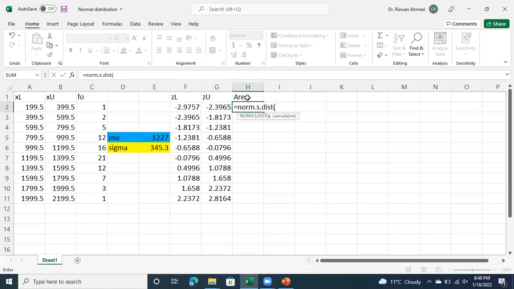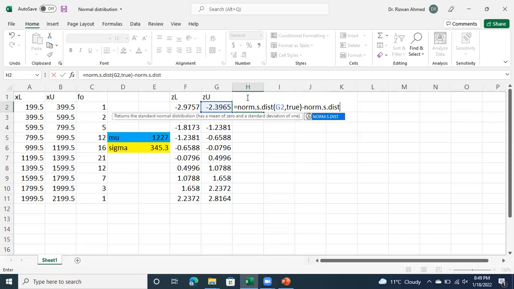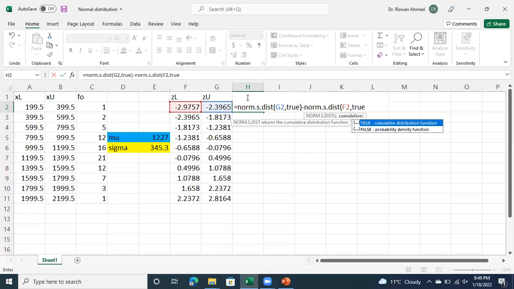It requires a z value, so I write here the upper limit value, and for cumulative I write TRUE, which means it is the area from minus infinity to this value, and I write here minus NORM.S.DIST of the z value of the lower limit, and I write TRUE.